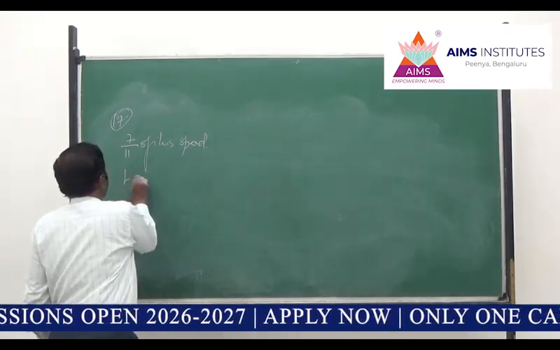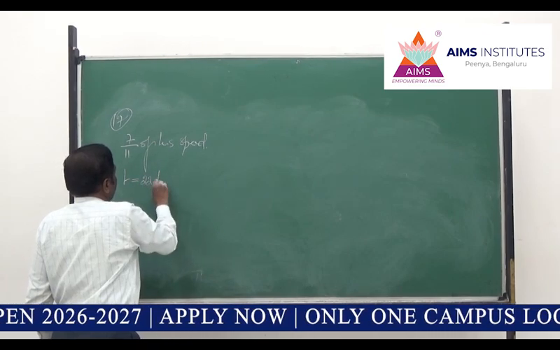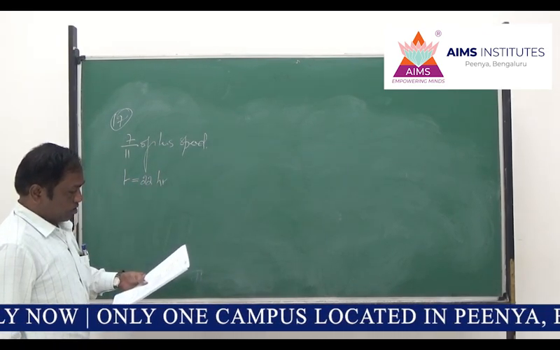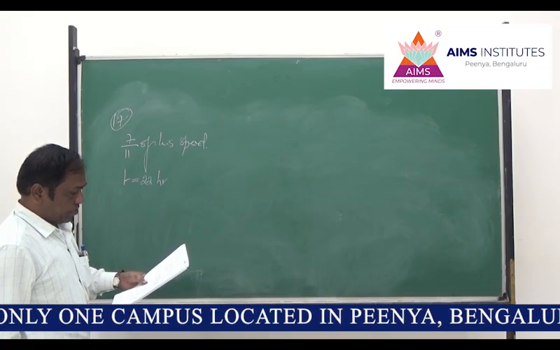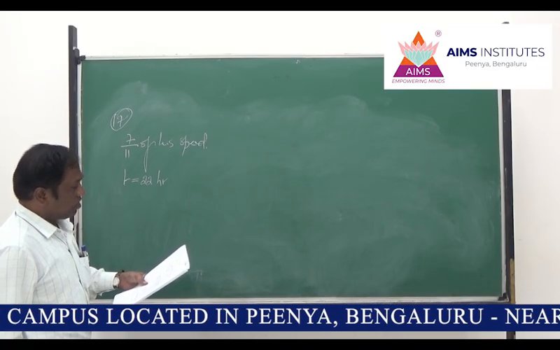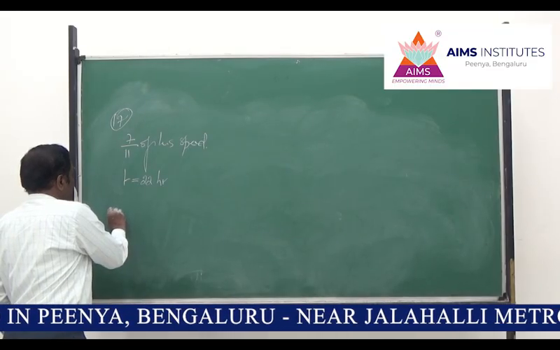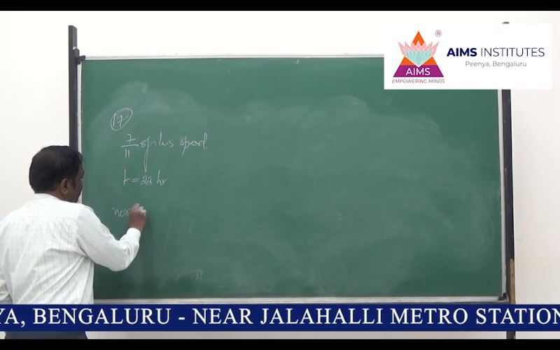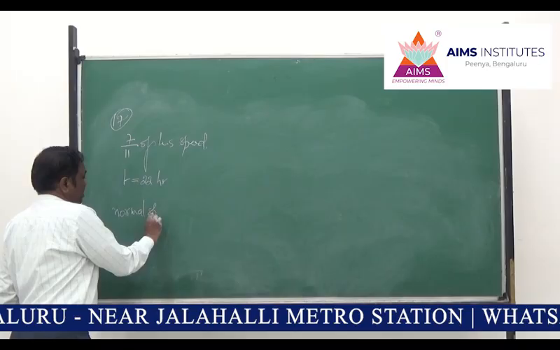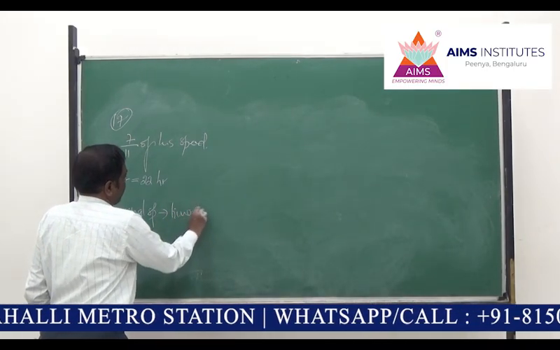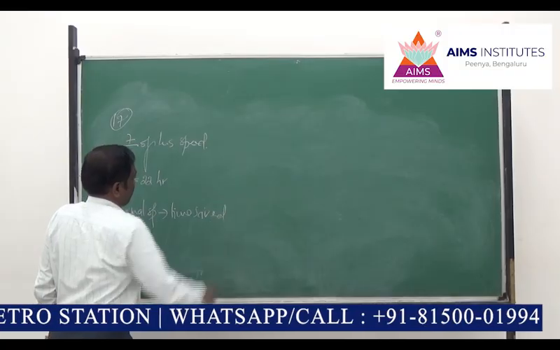Let us understand the question first. Time taken is 22 hours. How much time could be saved if the train would have run at its normal speed? So what is the time saved if you go with the normal speed? This is the question, correct.